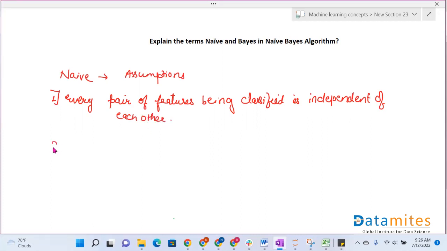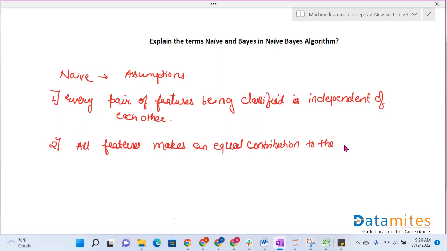And the second assumption is all features make an equal contribution to the outcome. Equal contribution to the outcome.